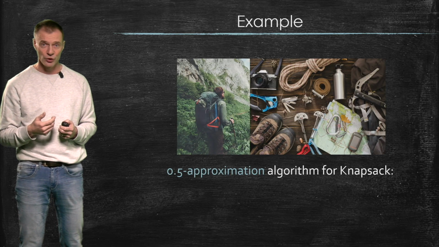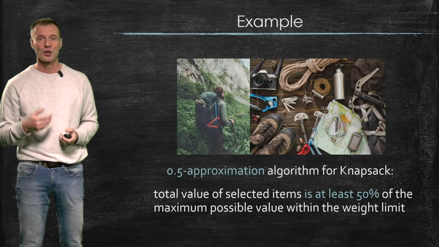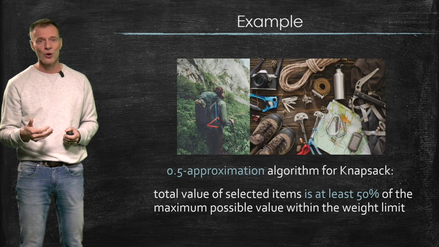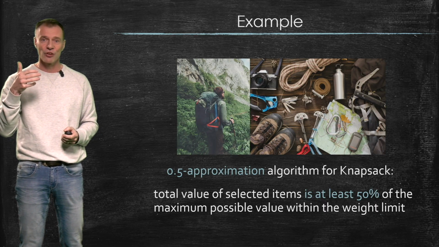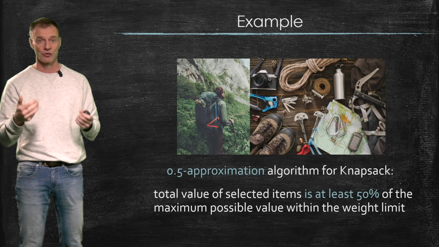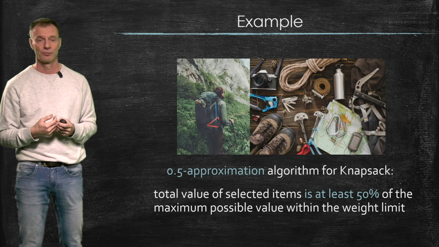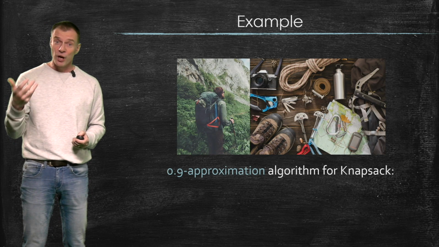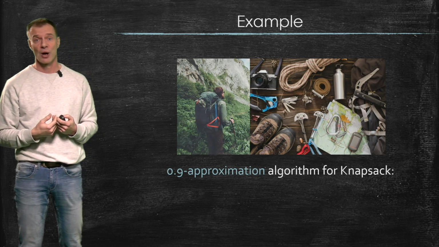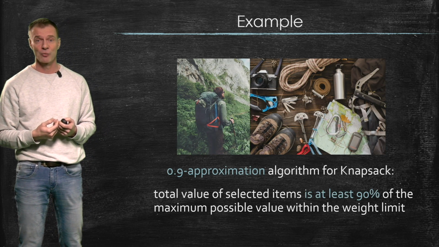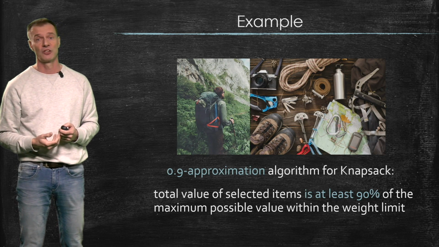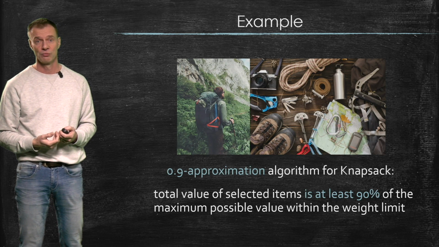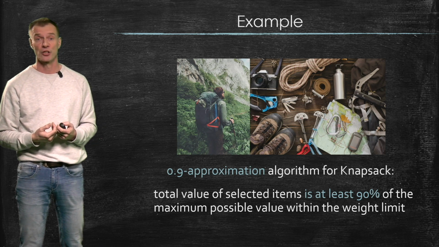Well, it's an algorithm that computes a solution whose value is always at least 50% of the maximum possible value. If we had a 0.9 approximation, however, then what we have is something that is always at least 90% of the optimal value. And obviously, this would be much nicer.